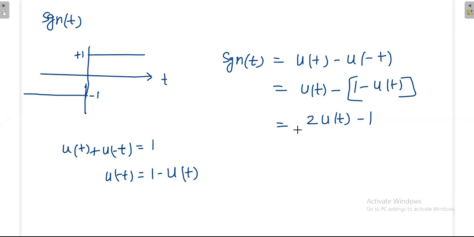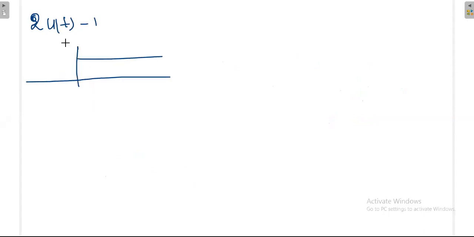Now we'll quickly see whether 2 u of t minus 1 gives you the signum function or not. First I'll draw 2 u of t. For 2 u of t you'll get the value like this, here 2 will be there for the positive time period.